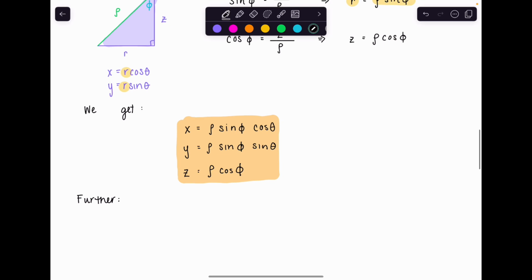So further, if you take x squared plus y squared plus z squared, we know that that's going to deal with our polar. X squared plus y squared is equal to r squared. So that's that. And then z, we're going to replace by rho cosine of phi. So this becomes rho squared cosine squared of phi.